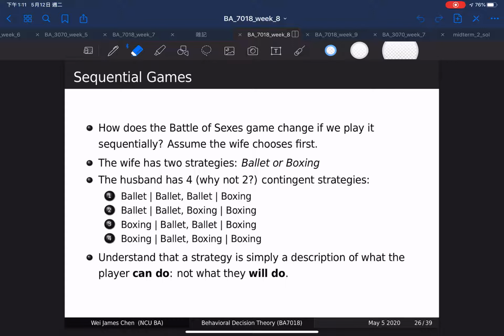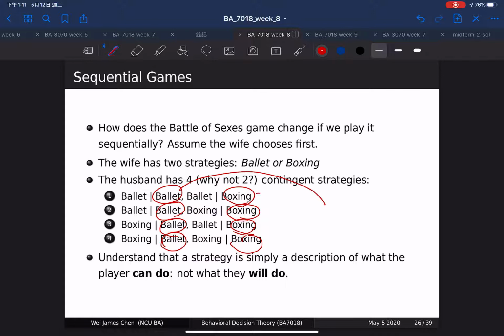So the ballet written here and the boxing written here are the wife's choice. The first strategy that this husband can do is, if the wife goes to ballet, I will go to ballet. If the wife goes to boxing, I will go to ballet.